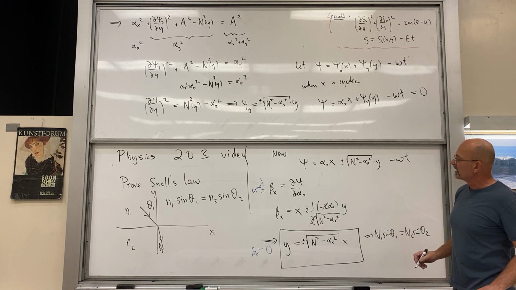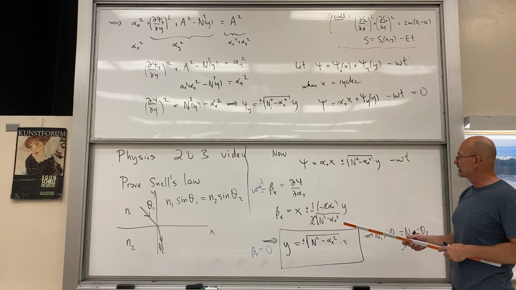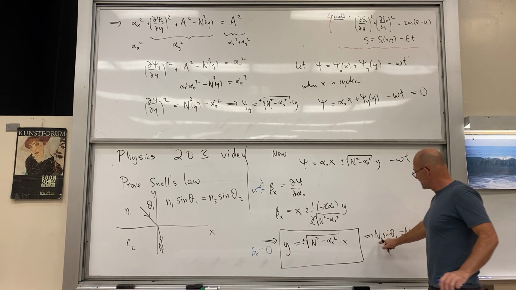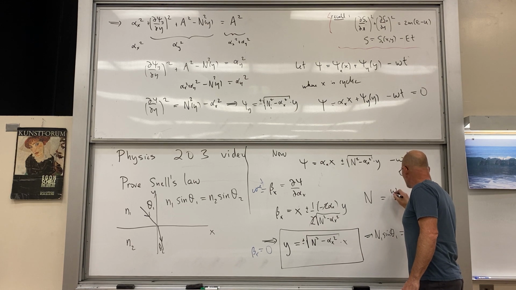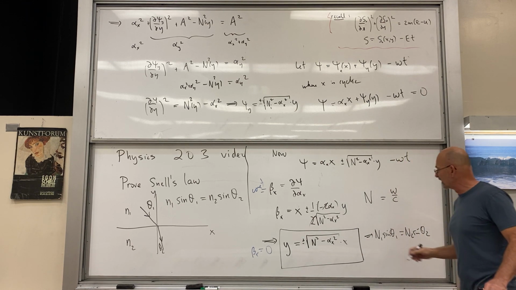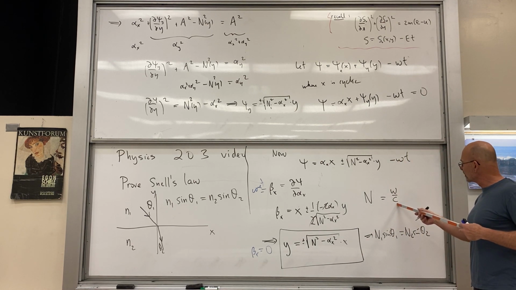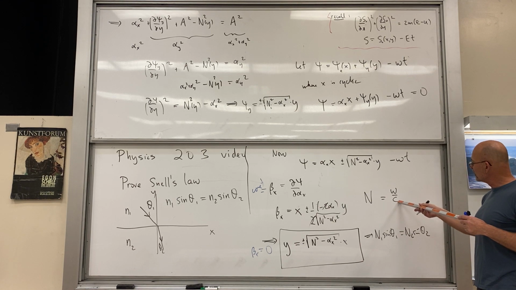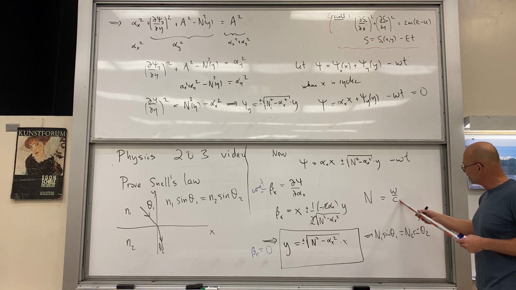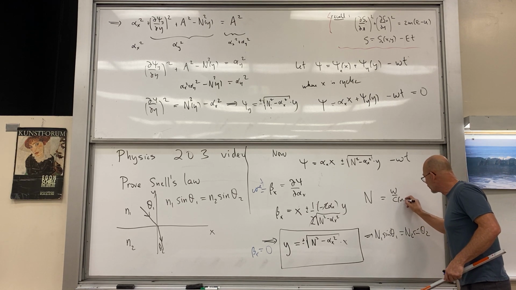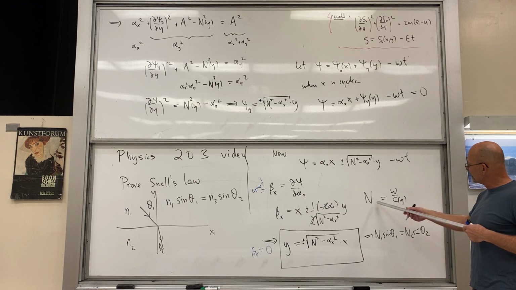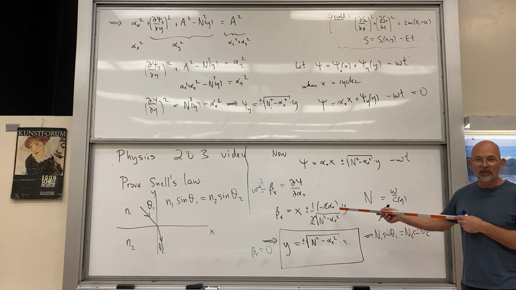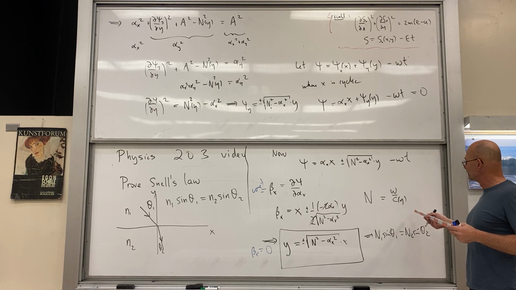And just in case you're not clear on that, our n is equal to omega over c. The smaller speed of sound, because c is a function of y in essence, gives a larger index, just as before, just as in optics.